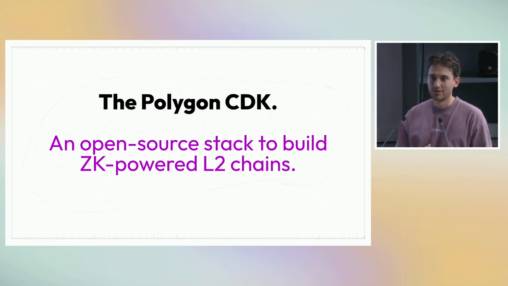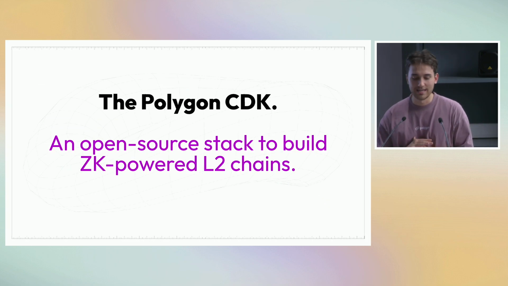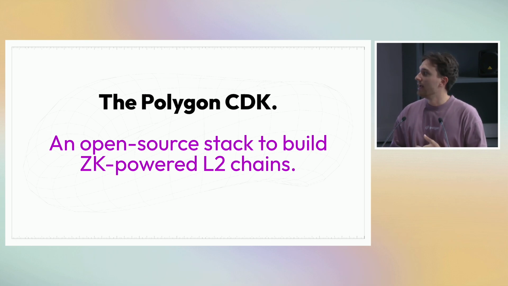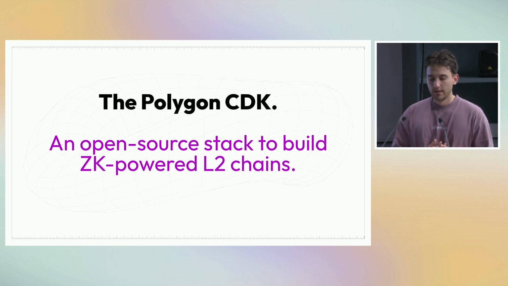All right, so TLDR, what actually is the Polygon CDK? It is our chain development kit, and it is a way to build your own ZK-powered layer 2 blockchains, so specifically ZK EVMs.